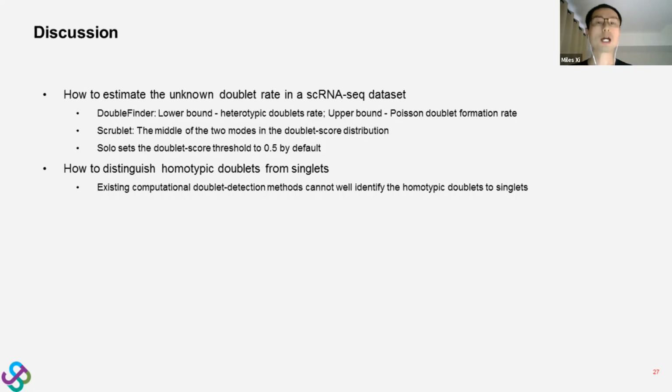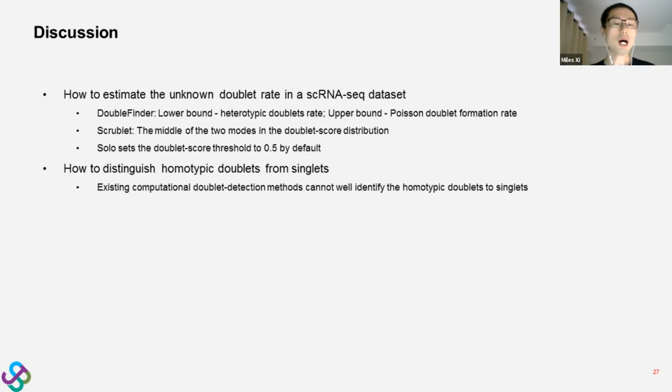All the methods can give you a doublet score, which means how likely each cell is to be a doublet, right? But it doesn't tell you how many doublets you have. There are some proposals, for a few methods, that give very rough guidance on how many doublets you have, but there's no gold standard. So that's the first open question.